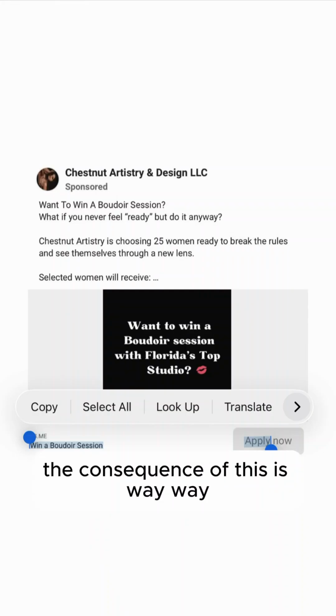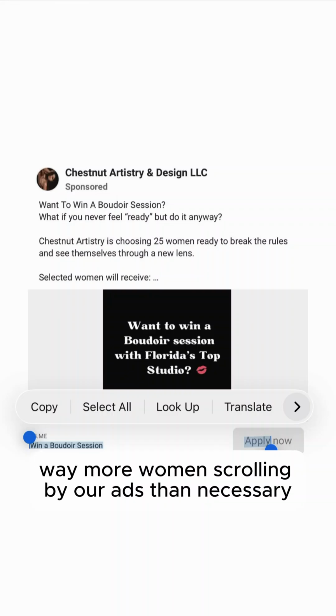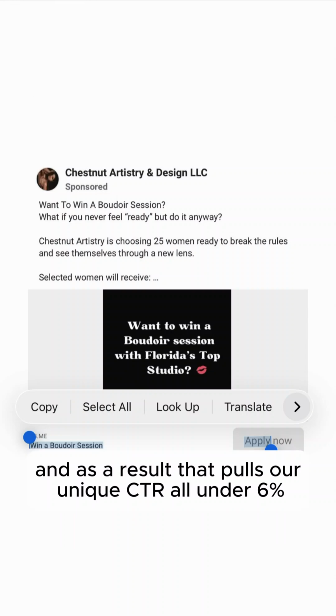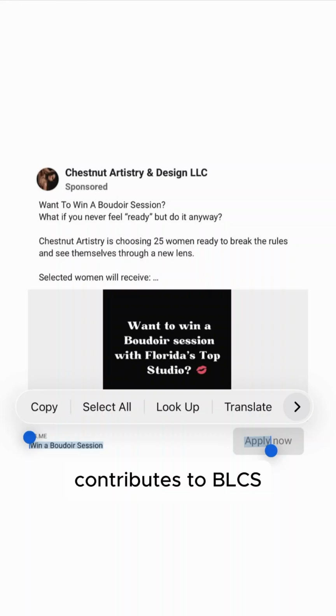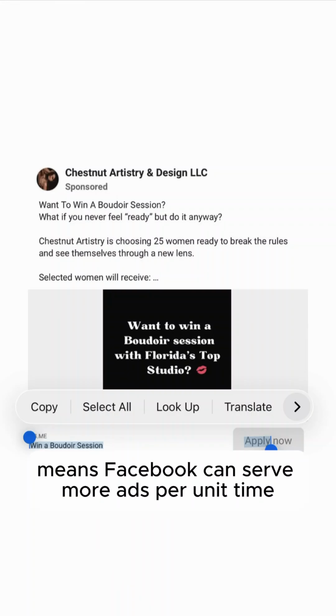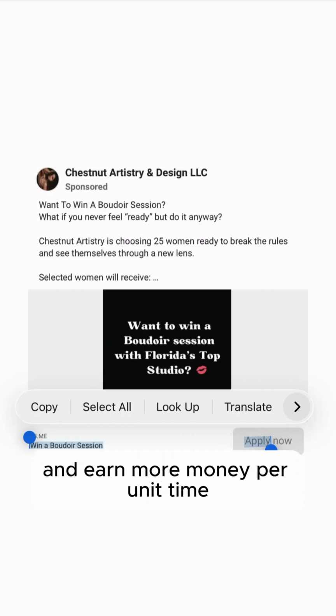The consequence is way more women scrolling by our ads than necessary. As a result, that pulls our unique CTR under 6% and contributes to BLCS. Facebook's happy though, more women scrolling by our ad per unit time means Facebook can serve more ads per unit time and earn more money per unit time.